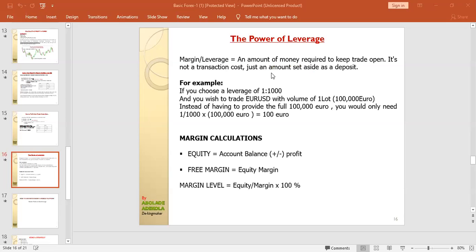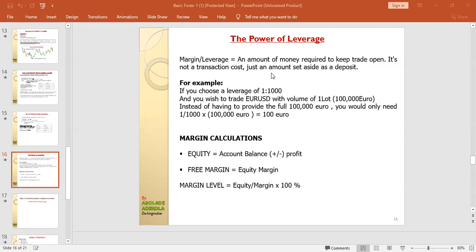So for you to keep a particular trade open, you must have a small deposit to keep that trade open. It is an amount set aside to keep your trade open.